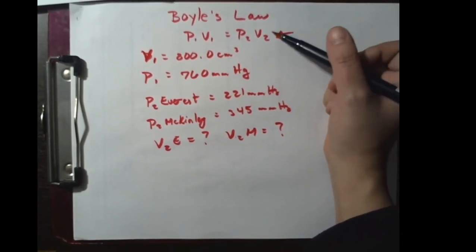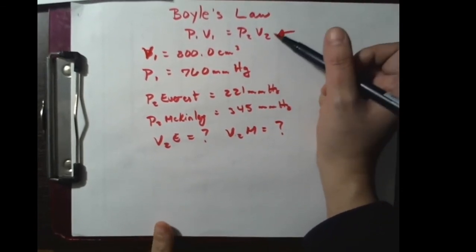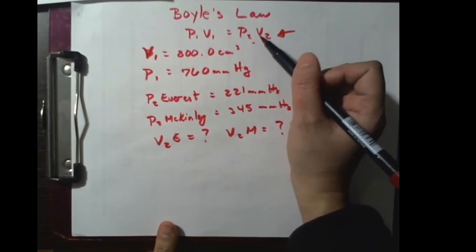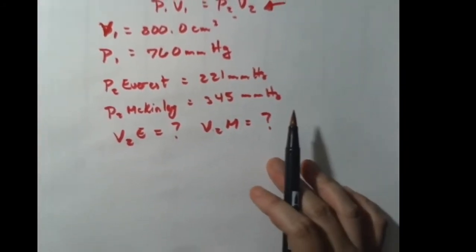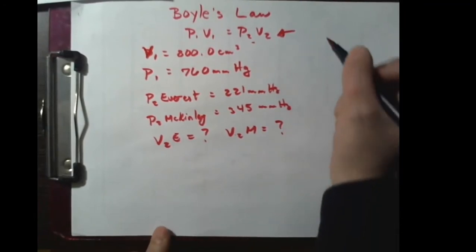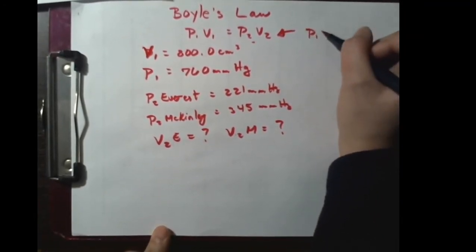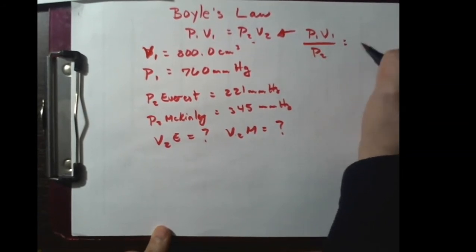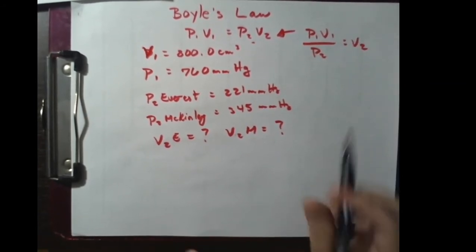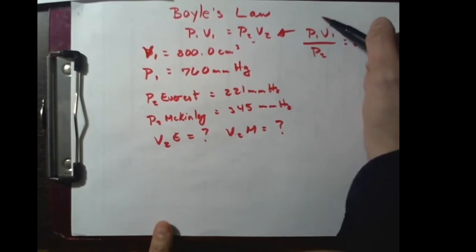So just using a little bit of algebra, we're going to isolate V2 from the rest of the formula. So it's actually going to be P1, V1, all over P2. And that's the formula that we're going to be using right here.